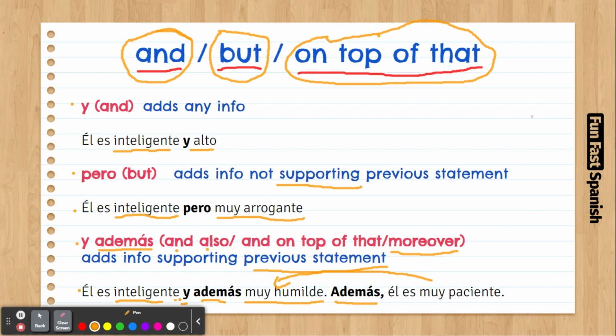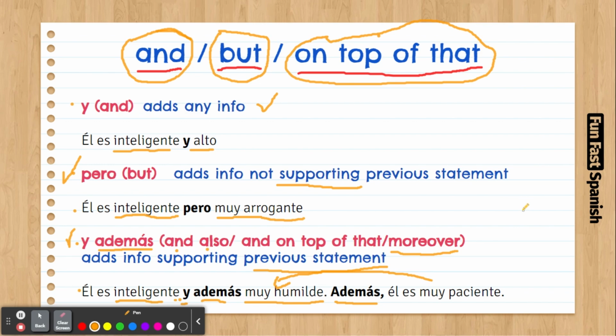You can say bad things, good things, and it's good to use the word and. It's nice. But by using the expression pero and the expression además, you're giving contrast and you're supporting or not supporting the previous statement. So it gives more contrast to the text or to the sentence, so it becomes more pleasant to hear.